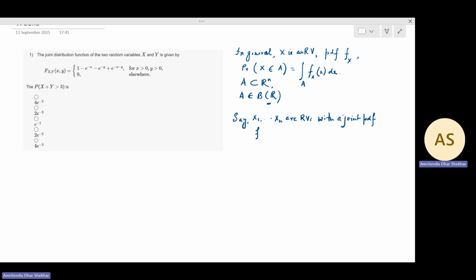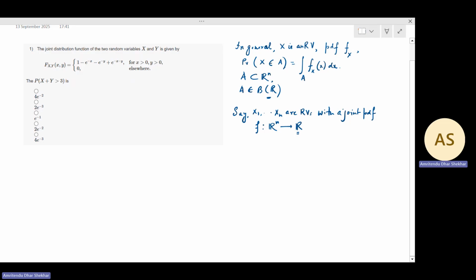So f is a joint PDF, a function from Rn to R. Now if we take an event, let A be a subset of Rn, and A of course being a Borel subset of Rn.